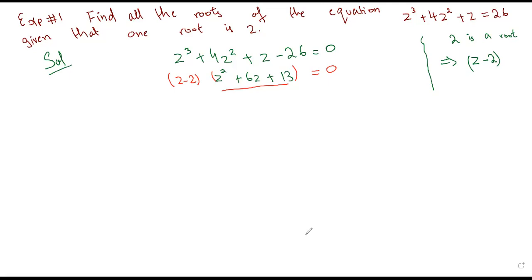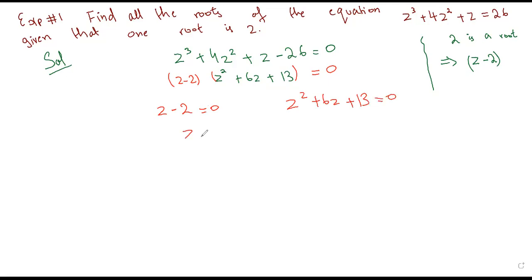Let's think about it this way, that we have our two big factors. Once we have our two factors, this means that either z minus 2 would be 0, or z square plus 6z plus 13 would be 0.